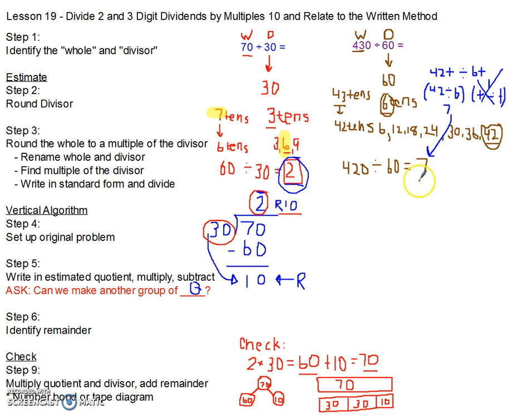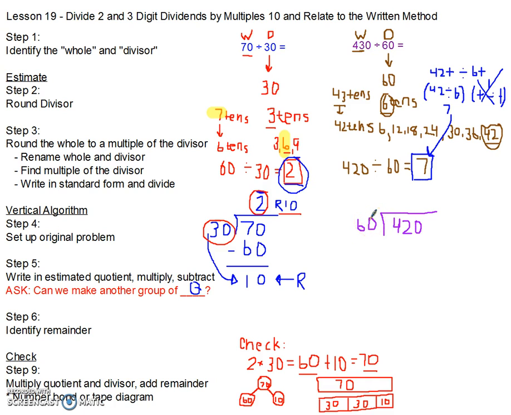Now we want to move on to our written method because we have our estimate of 7. So we want to set up our original problem. So we draw our division sign. Inside we put our whole, 420, and on the outside we put our divisor, or how many groups, which is 60.